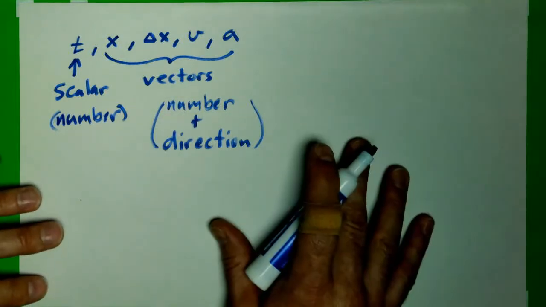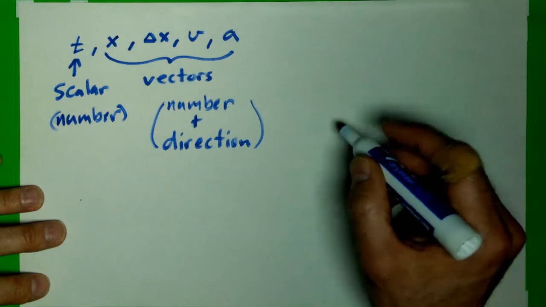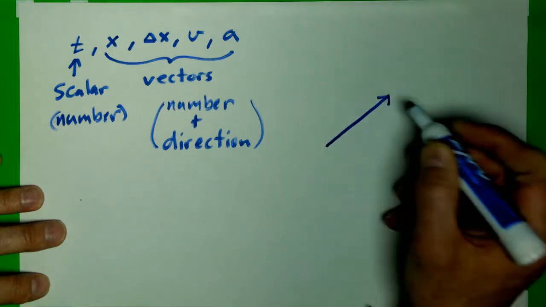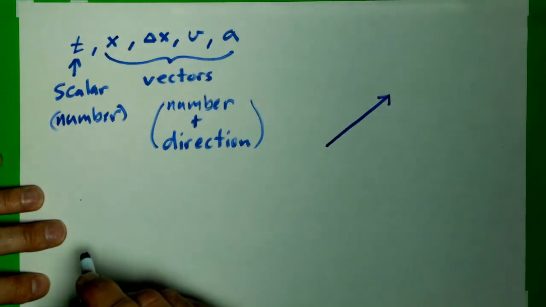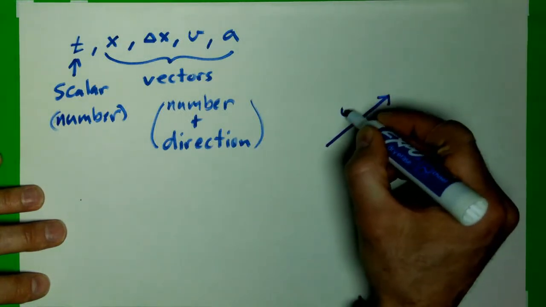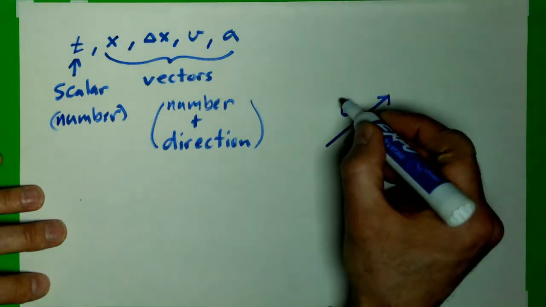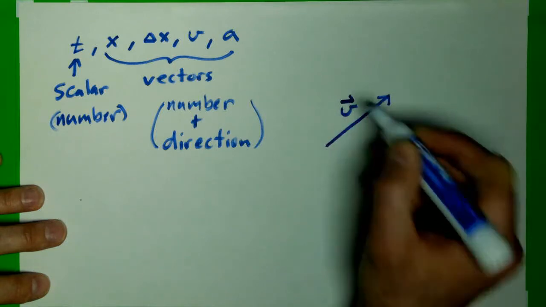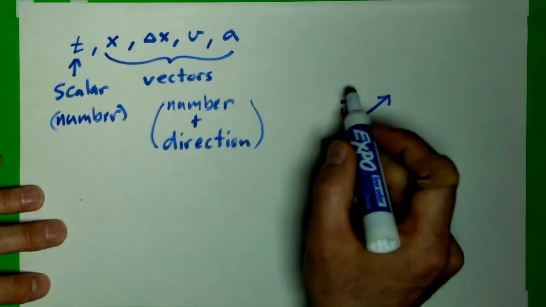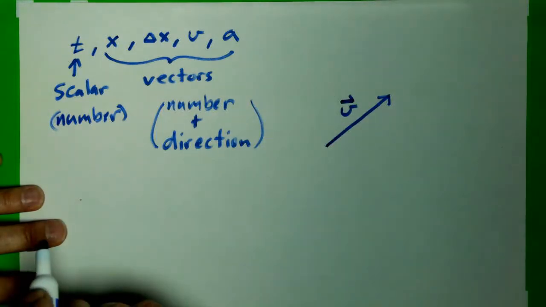A basic idea is that vectors we can indicate with an arrow, which we've been doing, but now I'll draw that arrow at some angle. Here, this might be my velocity vector. And to indicate it's a vector, I'm going to draw a little arrow sign over it. Whenever I'm talking about the full vector nature, we'll need to be careful to indicate that vector direction.